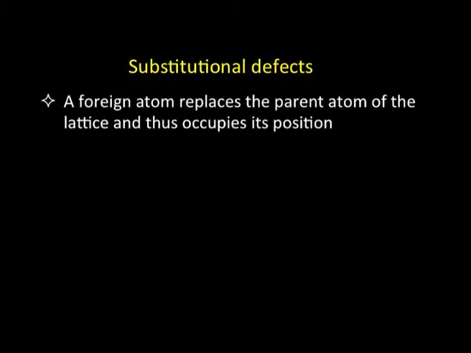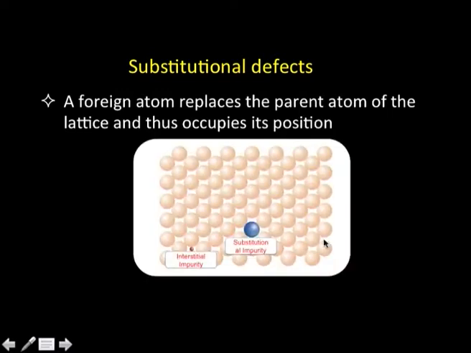Going further, there is another kind of defect we can think of, which we mentioned earlier too, called substitutional defects. That means defects which are introduced by substituting something from outside into the lattice, that is, a foreign atom replaces the parent atom of the lattice and thus occupies its position. You can have a situation of this kind.